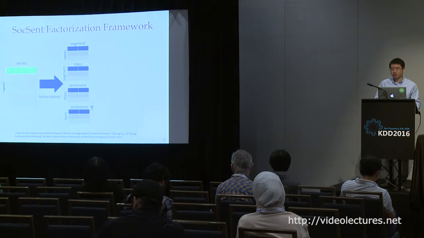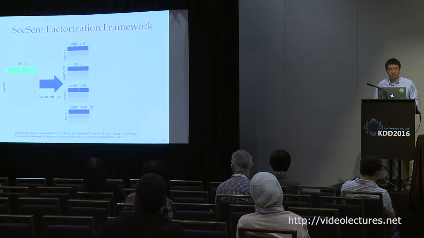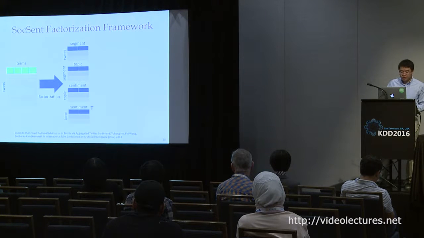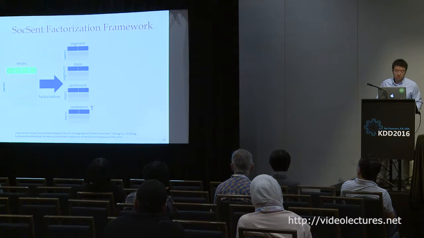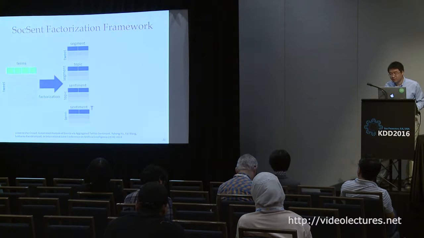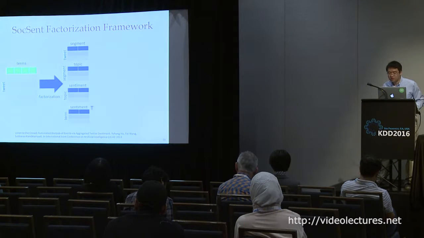So let's look at the conceptual model of SOCSENT. As I said, it's a matrix factorization framework. The input to SOCSENT is a tweet-term matrix, and we factorize it into 4 parts: the tweet-segment, segment-topic, topic-sentiment, and the term-sentiment matrices.